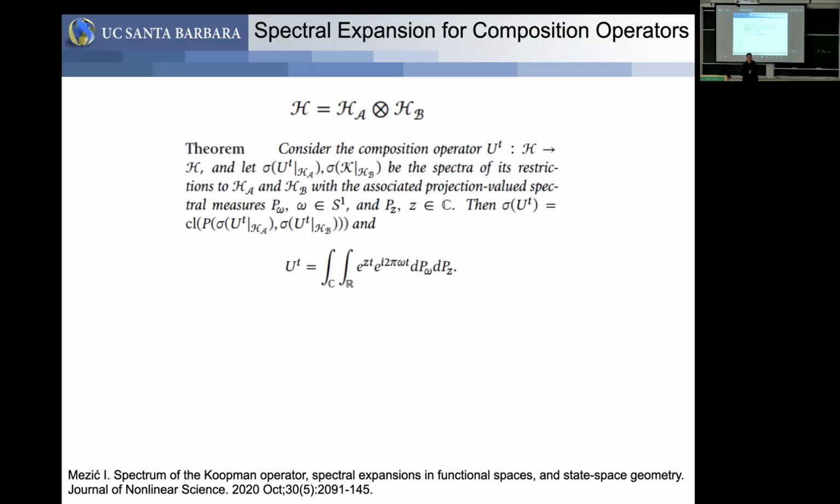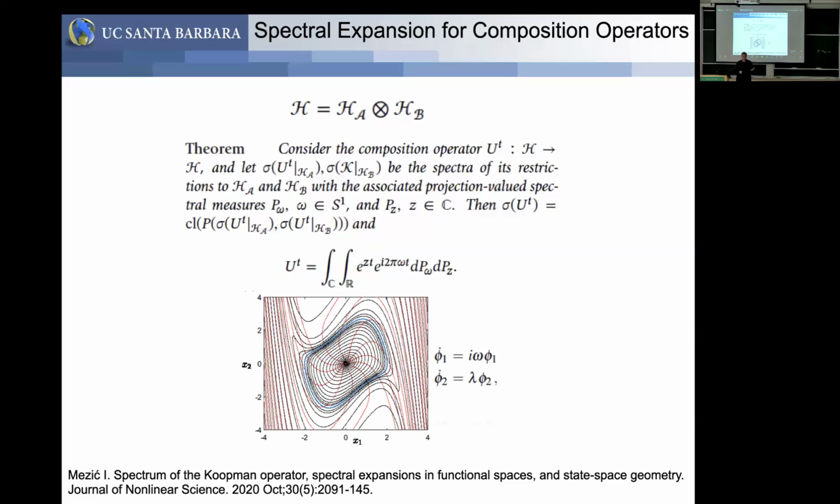Here is a theorem, the reference is this. Interestingly, on this space, you can separately look at the eigenvalues on the attractor and off the attractor. And all of the eigenvalues are going to be essentially the exponentials of the sums of these. For a van der Pol oscillator with a limit cycle, you find two principal eigenfunctions.